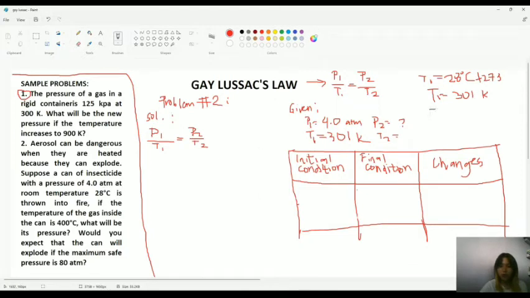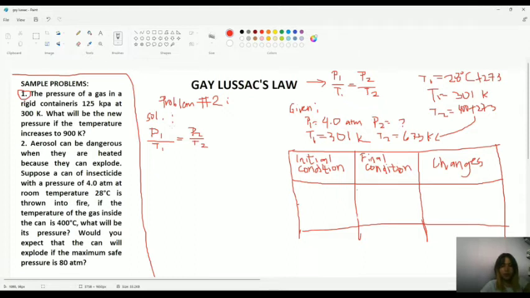A-add tayo ng 400 plus 273, of course, is equals to, so dito ko na lang ilagay sa final temperature. 400 plus 273 maging 673 Kelvin.